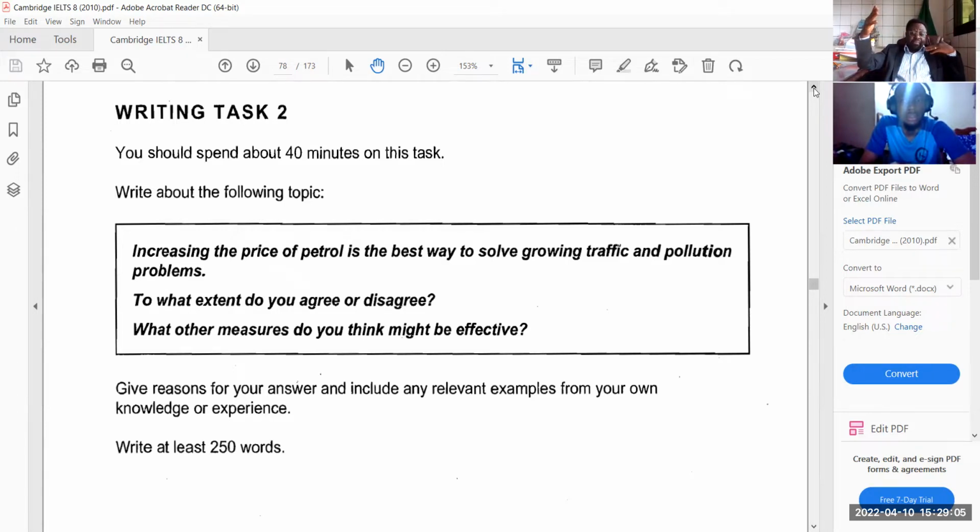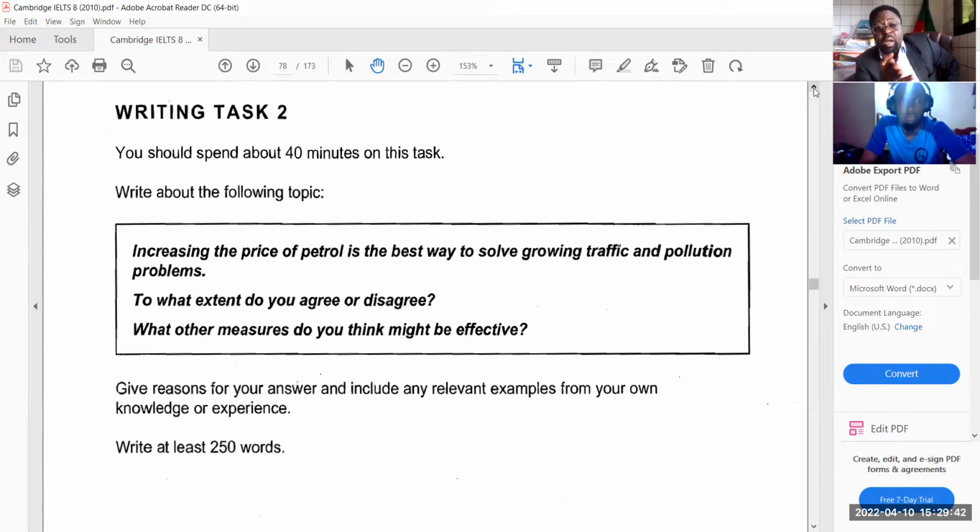To what extent do you strongly believe that increasing the price of petrol will solve growing traffic and pollution? So here now it's a little bit complicated because they want you to be talking about measures that will help solve growing traffic and pollution problems.